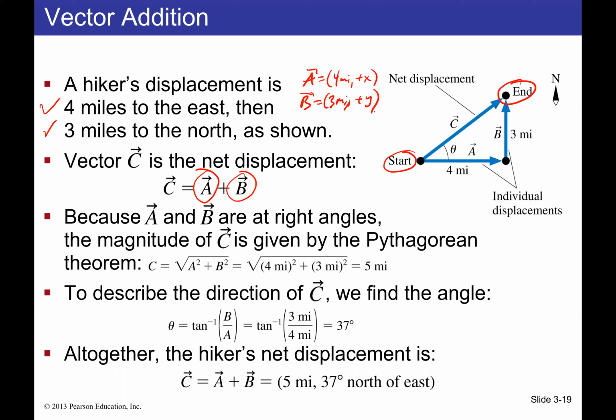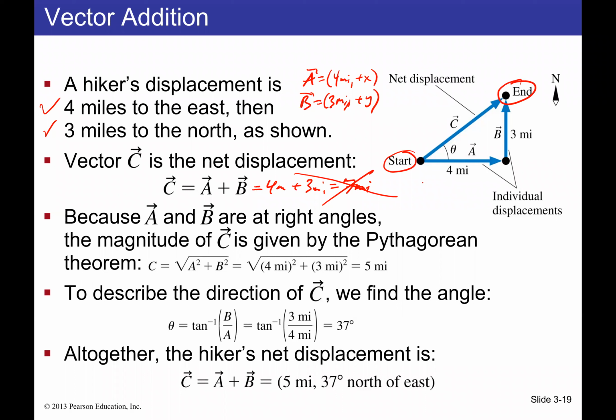You can also say east and north. So if I want to find the net displacement, I cannot just say, all right, it's 4 miles plus 3 miles, and get 7 miles as the displacement. This would be wrong.